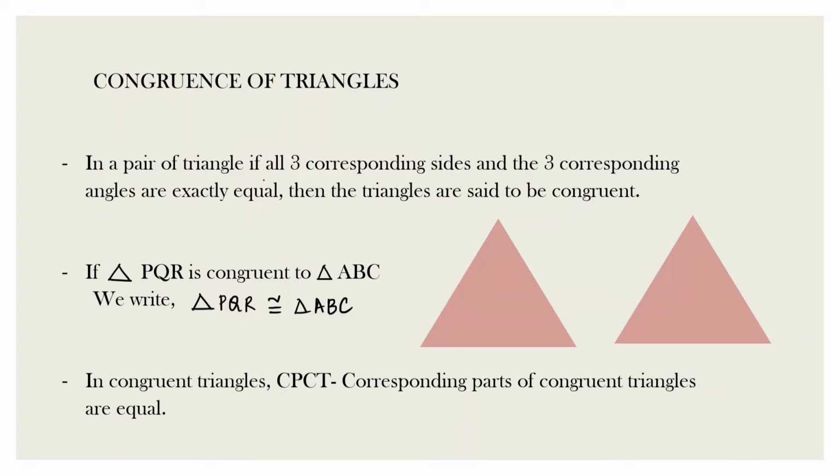In a pair of triangles, if all three corresponding sides and the three corresponding angles are exactly equal, then the triangles are said to be congruent. Let's look at these two triangles.